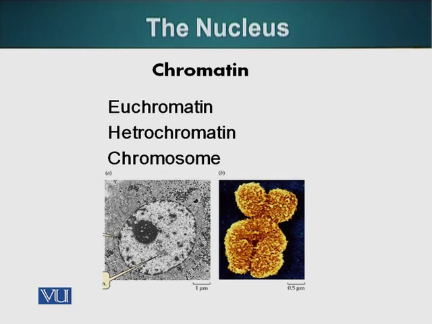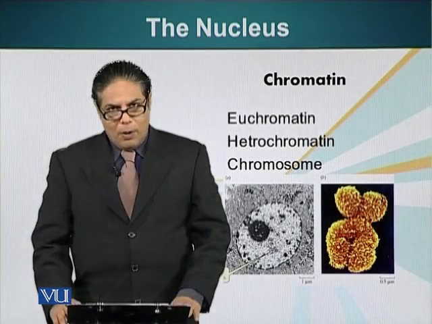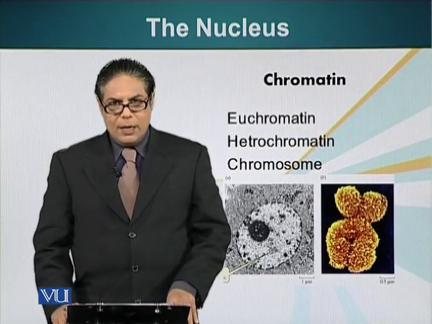We will talk about chromosomes in a later lecture, but these chromosomes are basically made up of DNA and a special type of protein molecules called histones. The DNA is wrapped tightly around the histone molecules. We'll talk about this in a subsequent module.